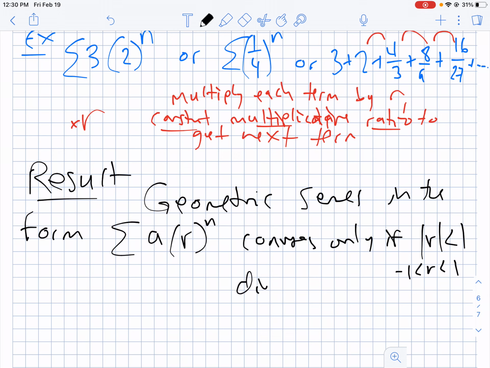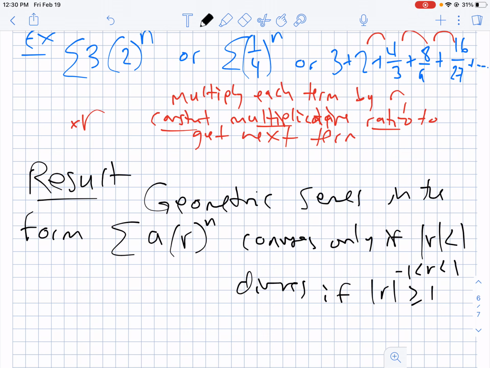It diverges if that value of r in absolute value is greater than or equal to 1. And that makes sense, right? If you multiply by 2 or by 3 every time, those terms are going to get enormous. If you multiply by a half or a third every time, they're going to get smaller and smaller, and they're going to get closer to 0.